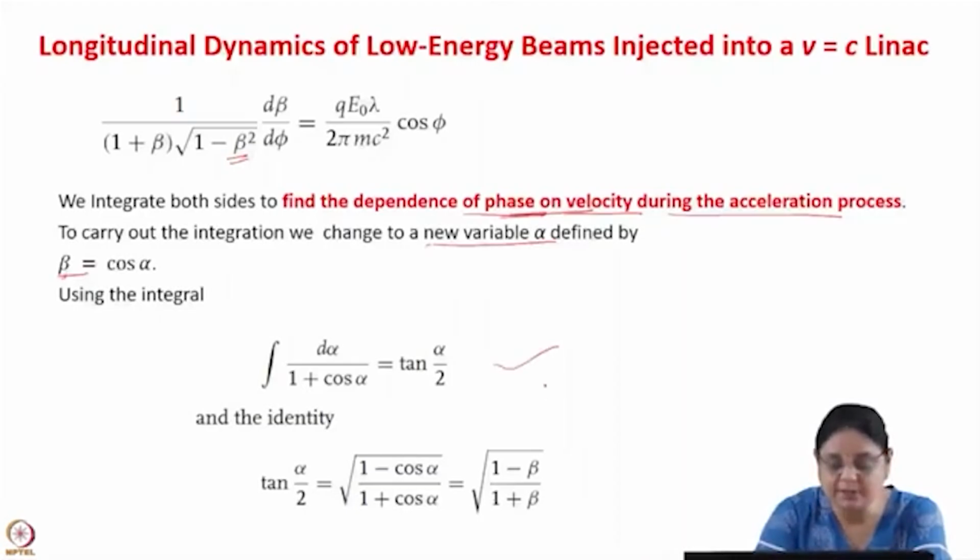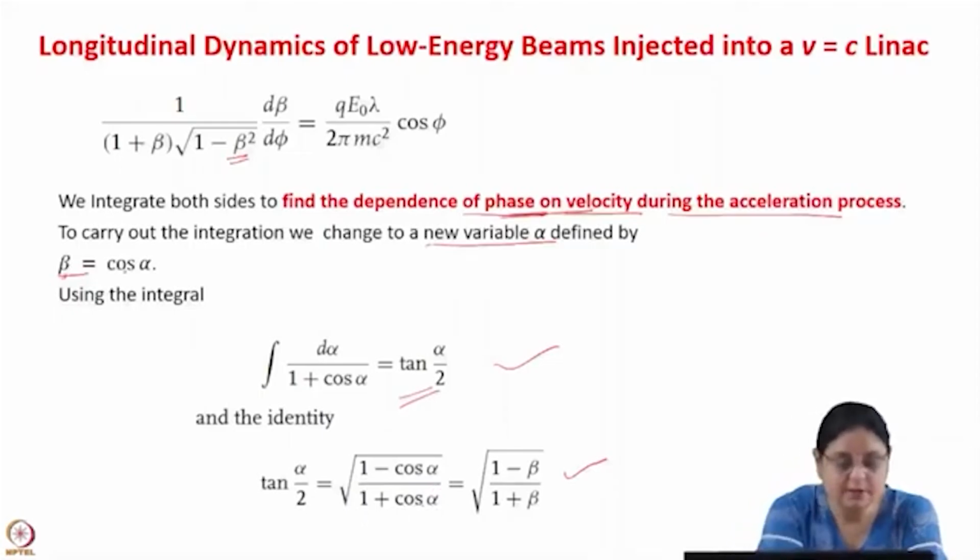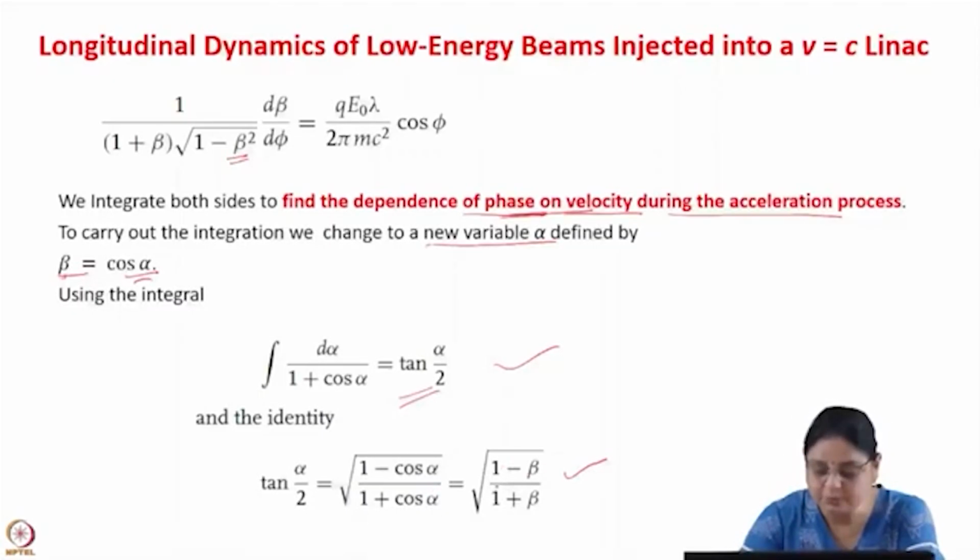And we use this integral and this identity: the integral of d alpha by (1 plus cos alpha) is equal to tan alpha by 2, and the identity that tan alpha by 2 is equal to the square root of (1 minus cos alpha) upon (1 plus cos alpha). And cos alpha is nothing but beta, so this will be the square root of (1 minus beta) divided by (1 plus beta).